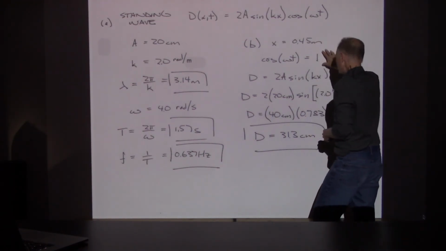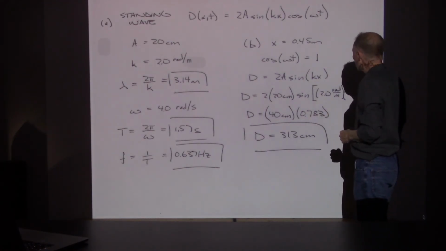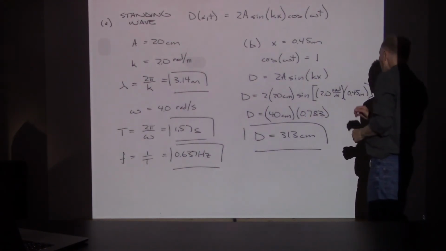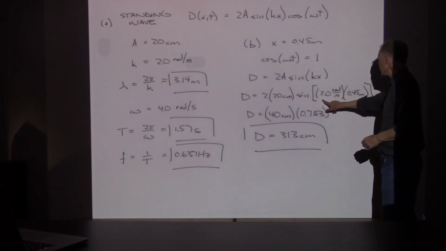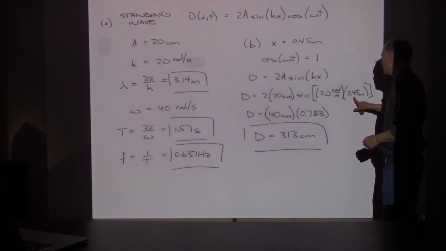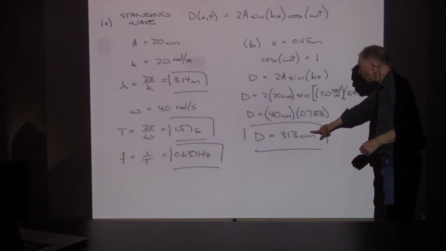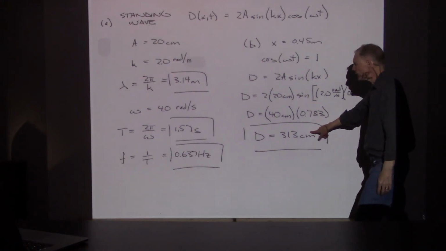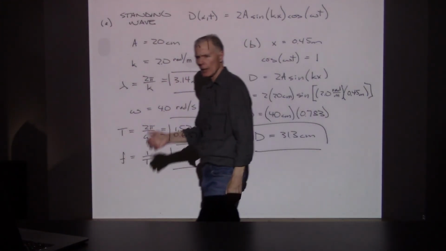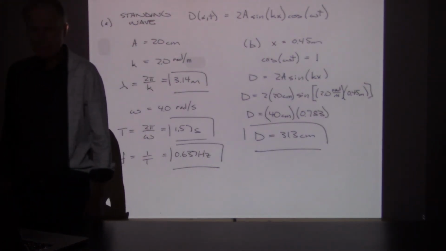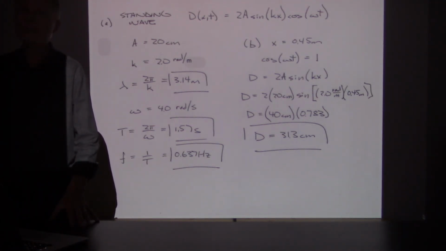It says at this particular location, when I take the sine of kx, 2 radians times 0.45 meters, I'm getting 0.783 for that. So this part of the string only vibrates to a maximum of 31 centimeters.